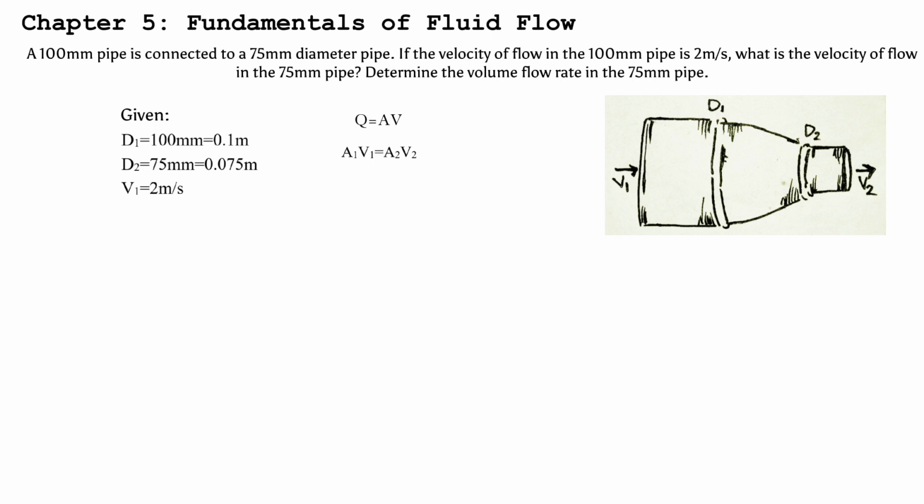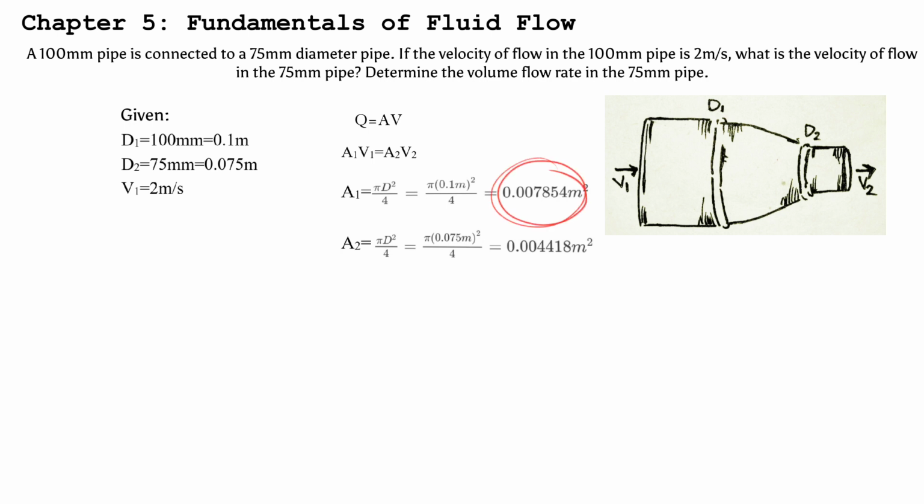We also know the diameter of each pipe, so we can calculate the cross-sectional area using the formula A equals pi D squared over 4. Plugging in the values, we get A1 equals 0.007854 meter squared and A2 equals 0.004418 meter squared, where D1 equals 0.1 meter and D2 equals 0.075 meter.